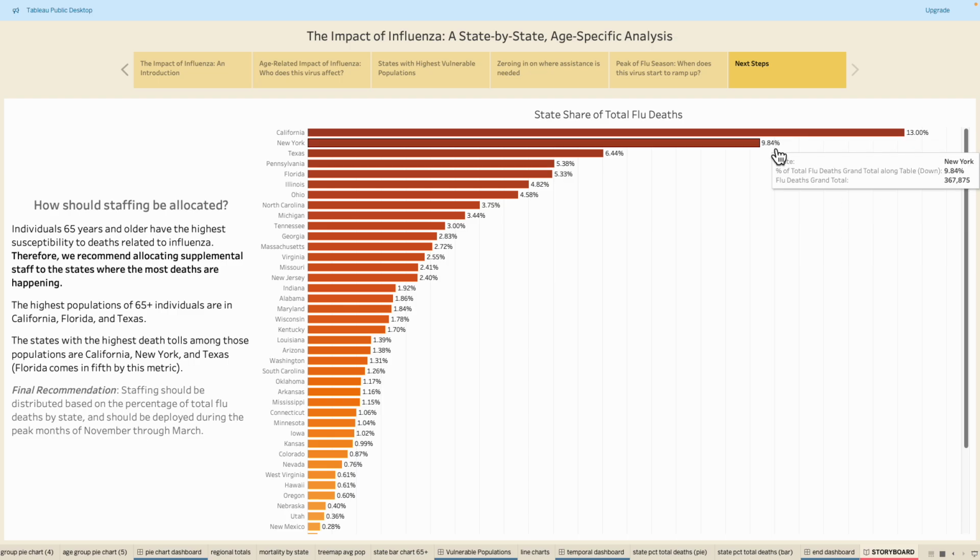New York had 9.84% of deaths, they should get 9.84% of staffing, and so on and so forth down the line. Now, we can change these numbers based on top 10, top 25, however we want to allocate staff. But this gives us a good way to identify which states need the most help and allocate staffing appropriately.